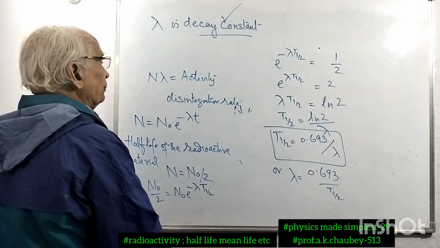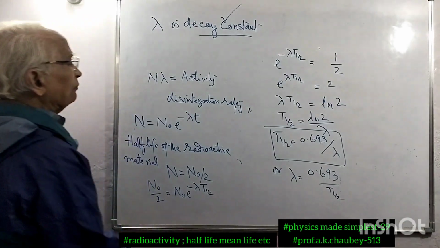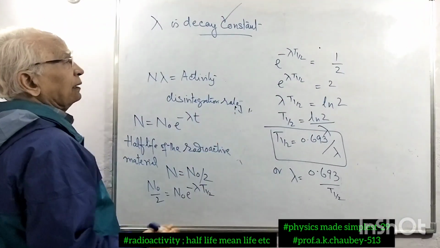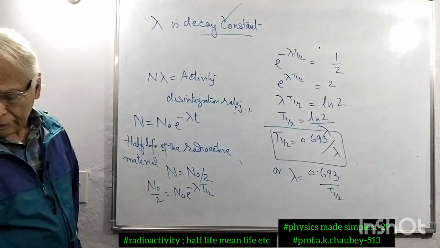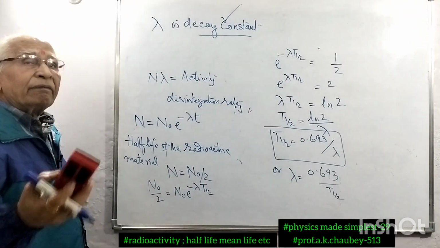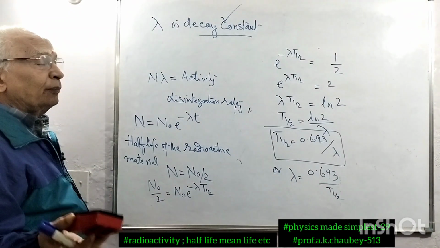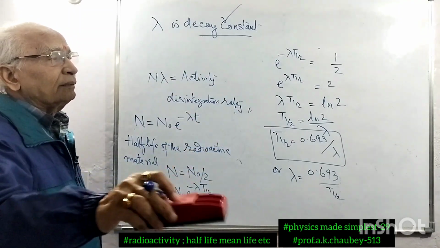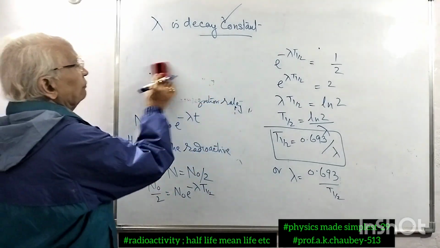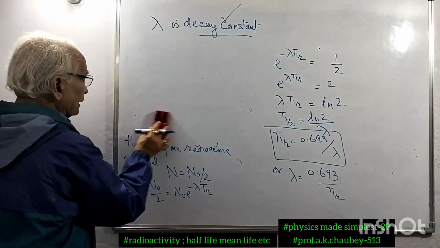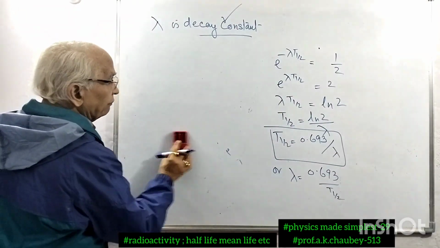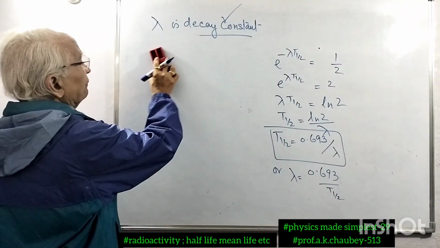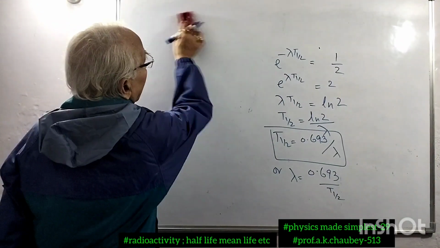But the main important property of radioactive nuclei is the half-life. Each and every radioactive isotope is given a half-life. In the tables in the books, they write the half-life of each element. So one important term is half-life.